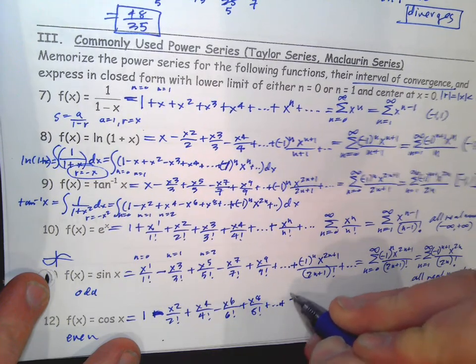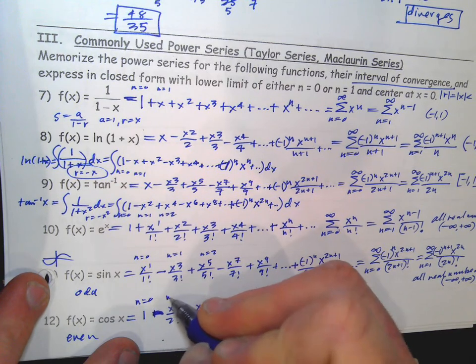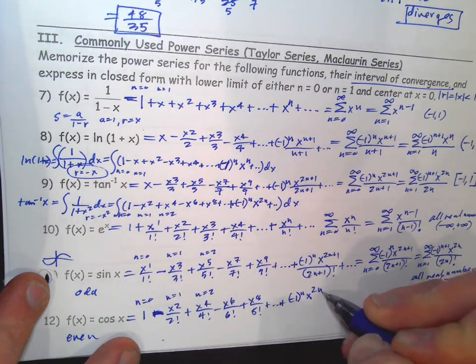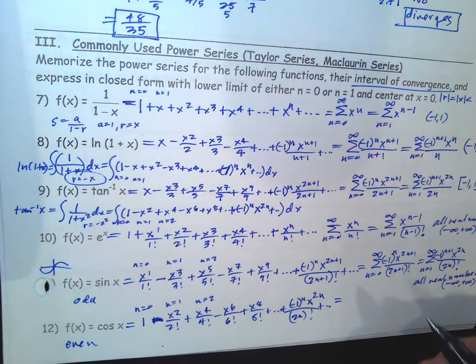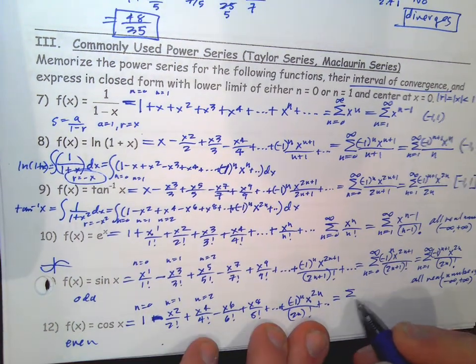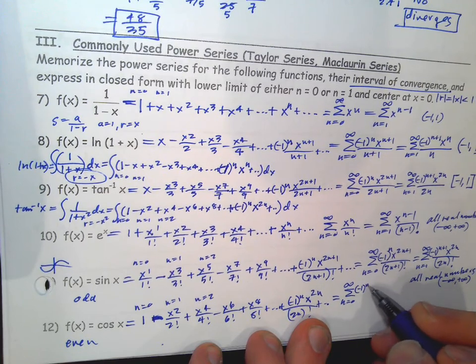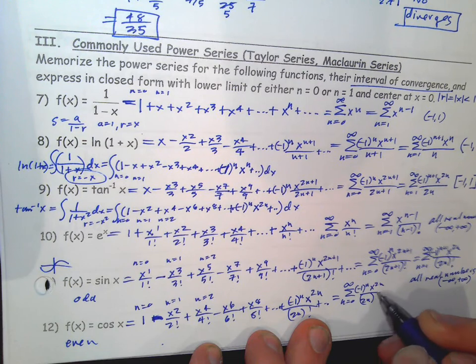Negative 1 to the n, n equals 0, n equals 1, n equals 2, then it's just the 2n over 2n factorial. So in closed form, if we start at 0, it'd be negative 1 to the n, x to the 2n over (2n) factorial in parentheses.